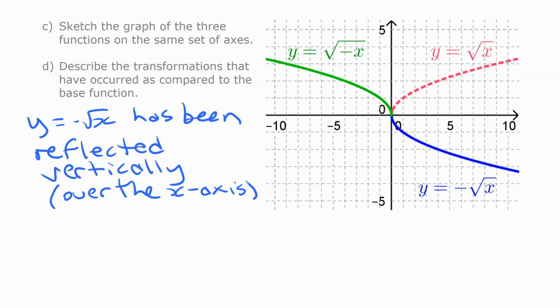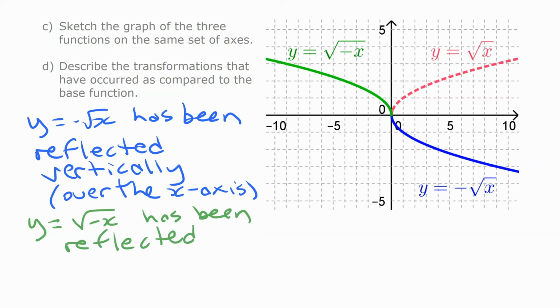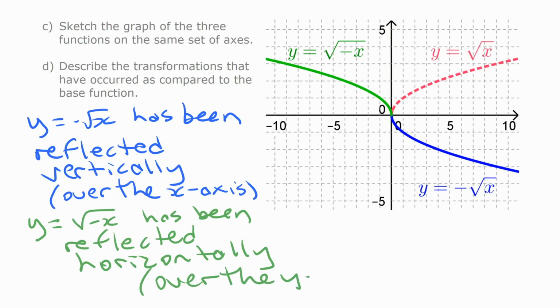Whereas the other one, y equals the square root of -x, has been reflected horizontally. And again, you can say what it's been reflected over, but it's been reflected over the y-axis, right? That's where sort of the mirror is for that reflection. So we can say here, over the y-axis.